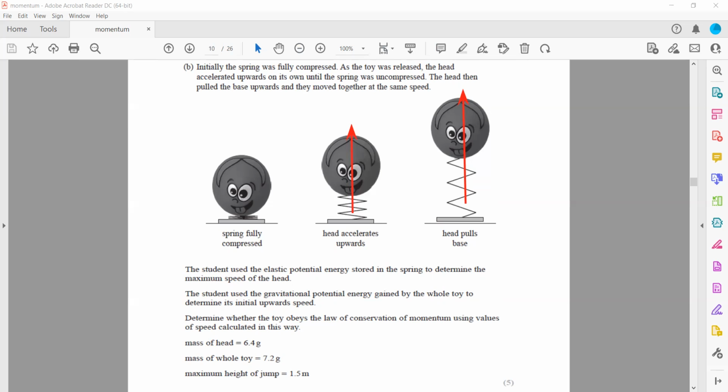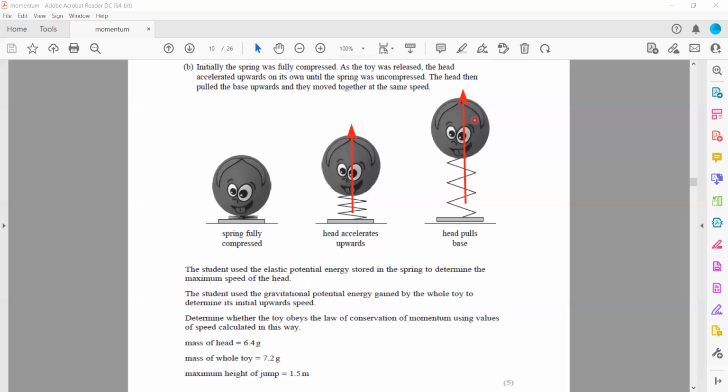So first, using the potential energy mgh, we'll find the speed at which the head is moving. And from the speed of the head, mass of the head multiplied by velocity of head, we'll get the initial momentum. And then we will work out the speed of the whole toy.